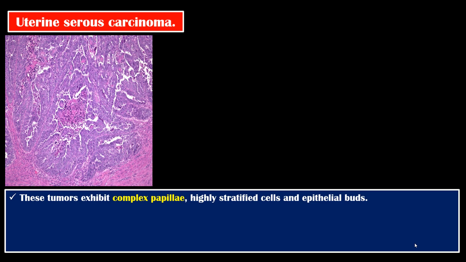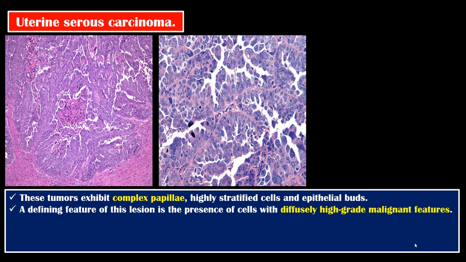Uterine serous carcinoma. These tumors exhibit complex papillae, highly stratified cells, and epithelial buds. A defining feature of this lesion is the presence of cells with diffusely high-grade malignant features.